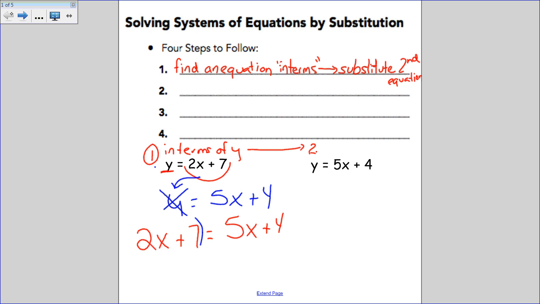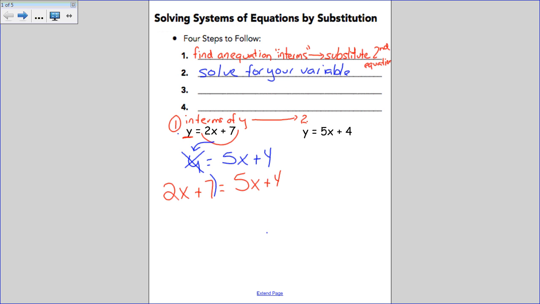Your second step is to solve for your variable. In this case, I am solving for x because all I have left are x's. In 2x plus 7 equals 5x plus 4, what could be my first step?